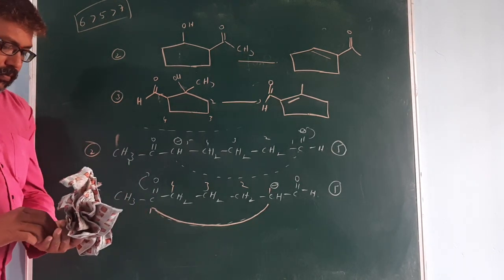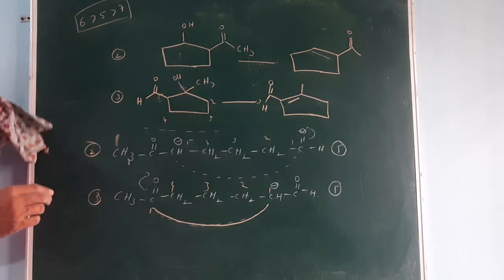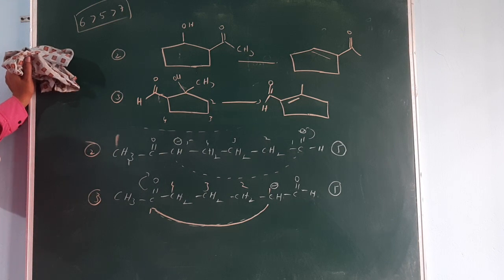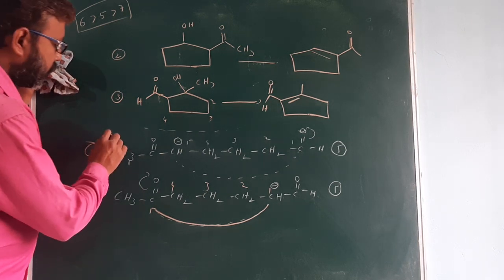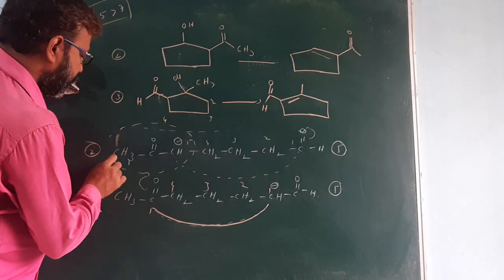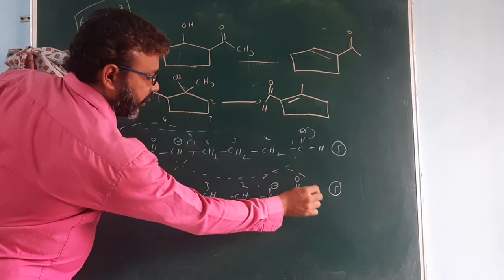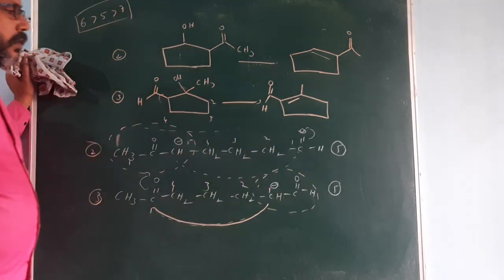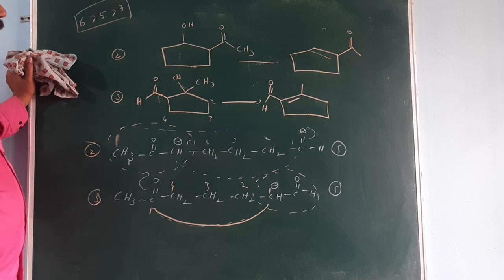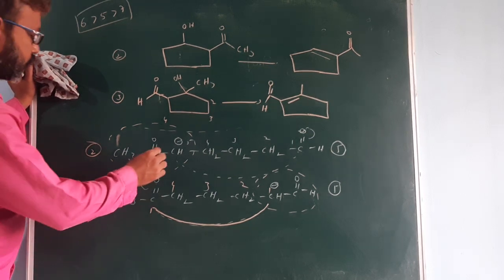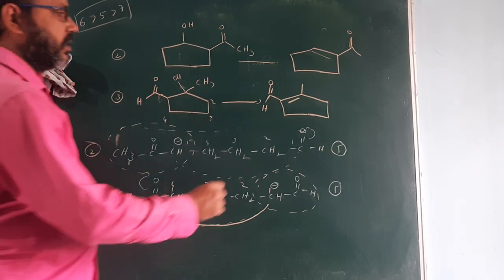So already you know, the keto group is always the carbanion source. This is a keto group and this is an aldehyde group. So the keto group is the source of the carbanion, and the aldehyde is the carbanion acceptor. So 2 is major.